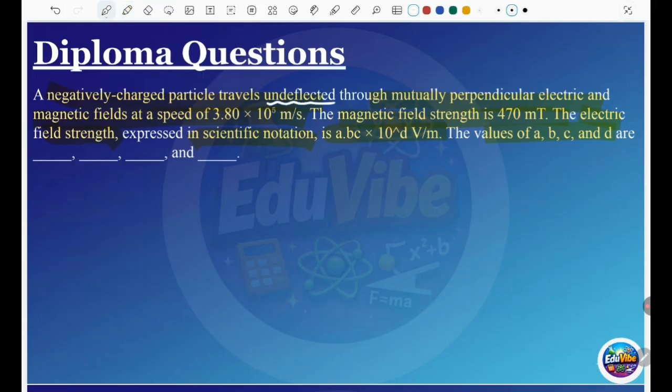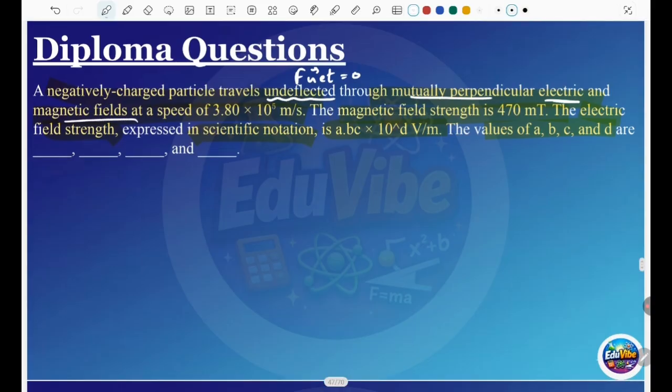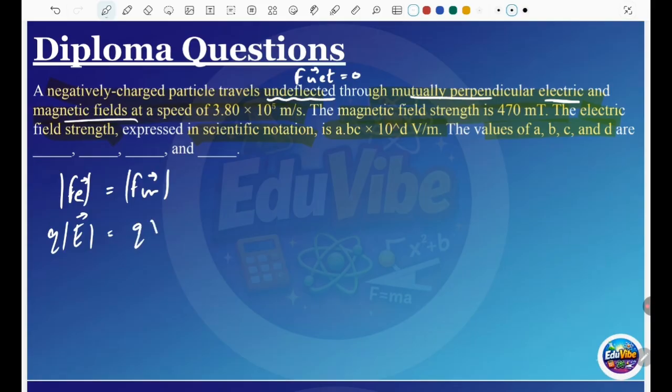They said it is undeflected, so your net force is 0 in that case. And they said the electric and magnetic fields are mutually perpendicular, which means your electric force is equal to your magnetic force. This is equal to qE, and this is equal to qvB.